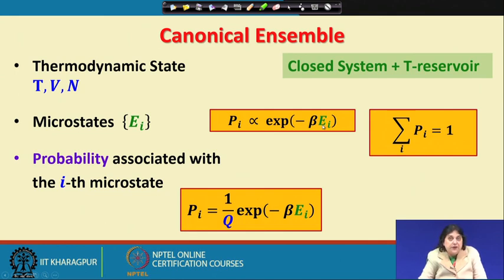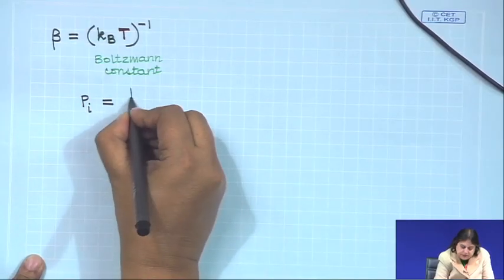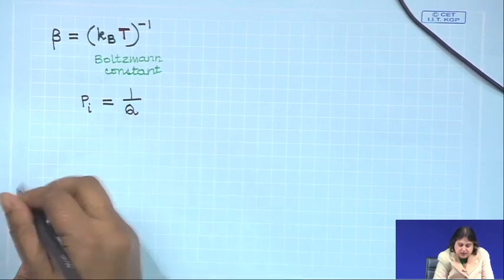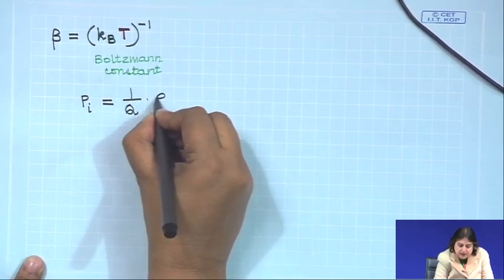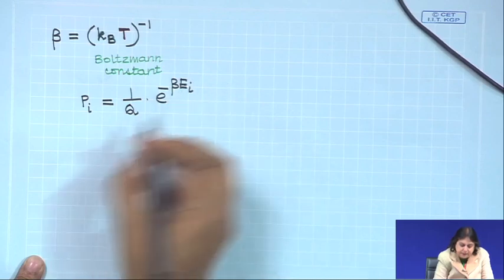Now, of course, if you talk about probability, as you have seen, there is a proportionality sign here. Now, I know that under the normalization condition, I must have that summation over i of p_i equal to 1. So, let me now write down that p_i is equal to some normalization constant 1 by Q multiplied by e to the power of minus beta E_i.